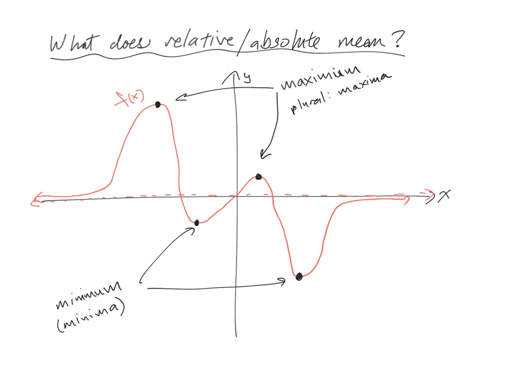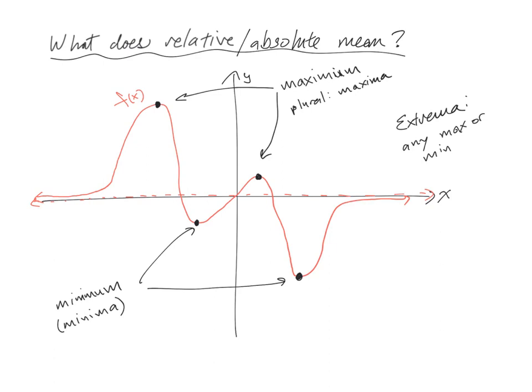So altogether, we can lump maximum values and minimum values into one big group called extrema. So extrema are any maximum or minimum values. So just to get that definition out there.